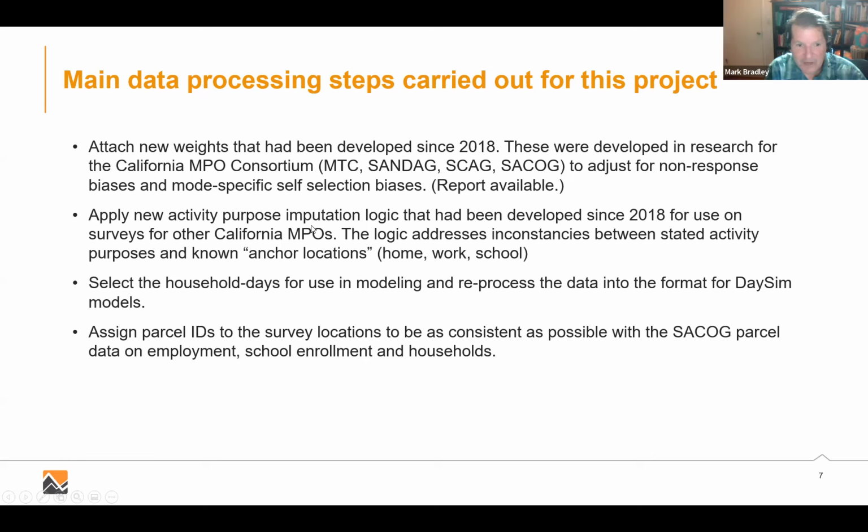We have some new activity purpose imputation logic that we developed based on other surveys. It corrects things like if the phone says somebody's at home, but they don't give their purpose as home, or if the phone says somebody's not at home and they give their purpose as home. We have some rules to figure out what they were most likely doing there. Since the survey, we've actually added some questions to try to catch these things in real time during the survey and have people provide their own corrections.